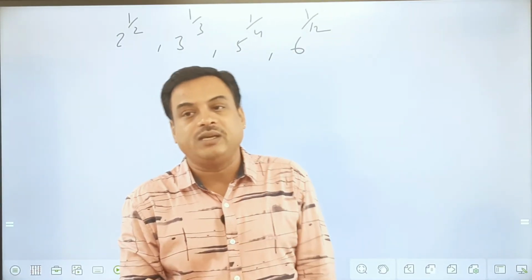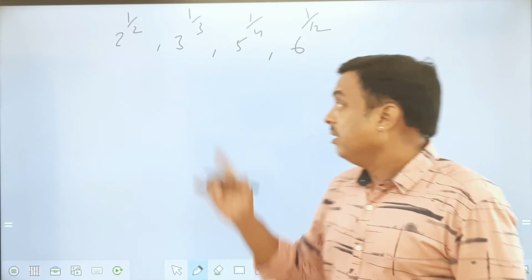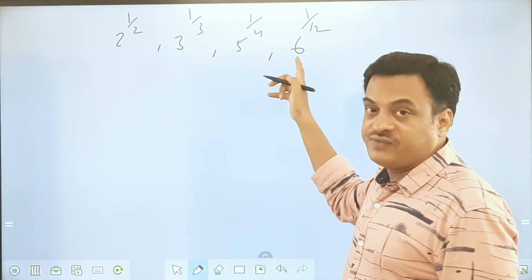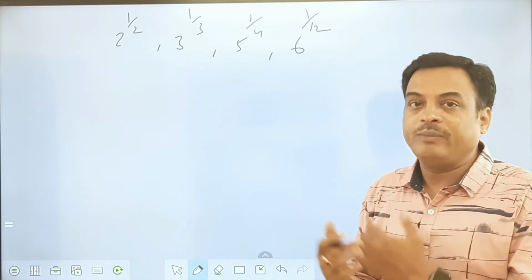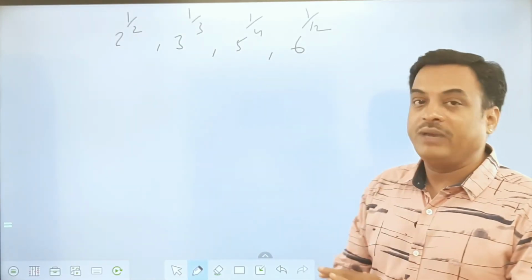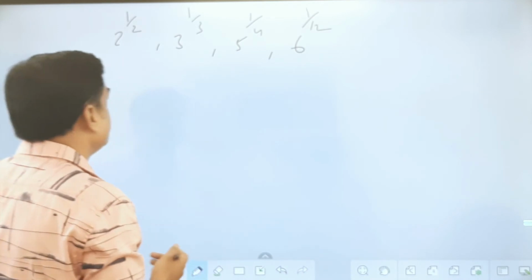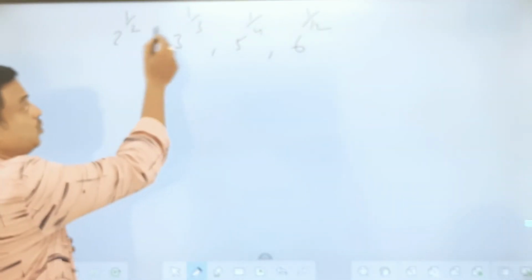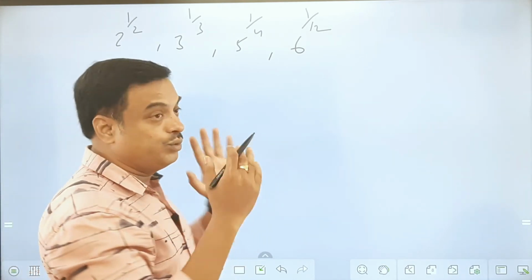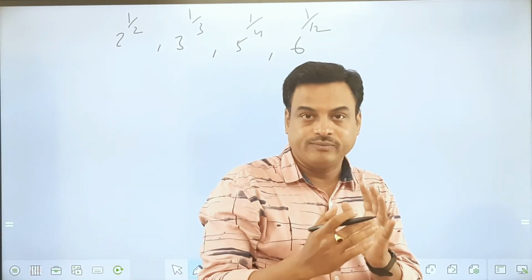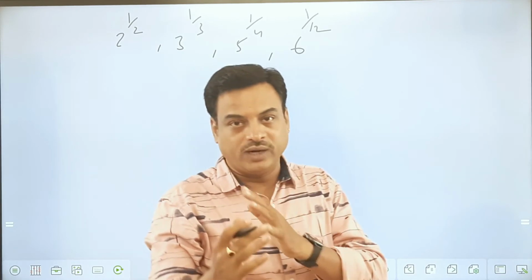Either powers have to be the same or bases have to be the same. Bases 2, 3, 5, 6, the given values cannot be made the same. Can we try to make the powers the same? Here the denominators are 2, 3, 4 and 12. LCM of 2, 3, 4 and 12 is 12. Correct? LCM of 2, 3, 4 and 12 is 12.